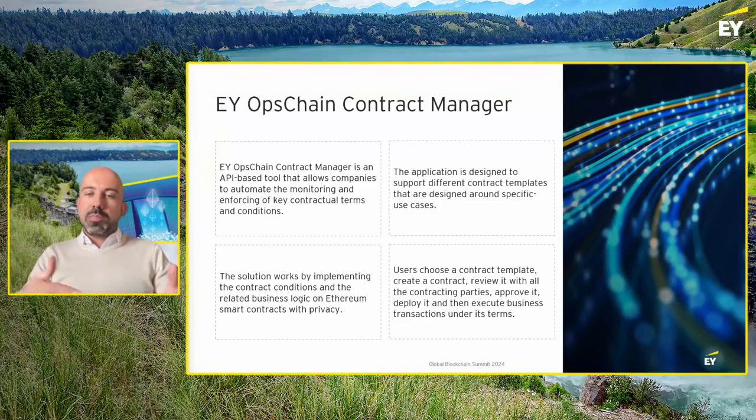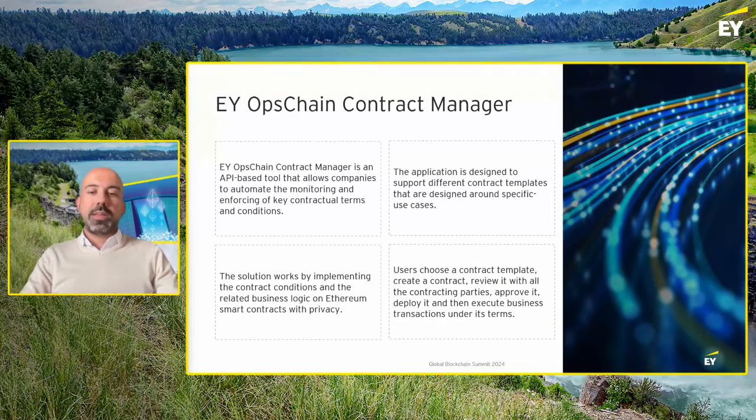You select the contracting parties that you want to involve in this contract, configure and put it up for review. Everyone reviews and maybe amends and then approves this contract, and the contract gets automatically deployed to the blockchain. Once it's deployed, the contract is ready for its execution phase.